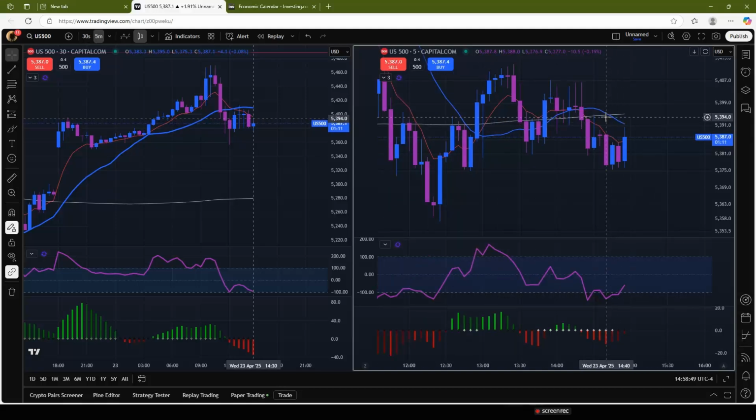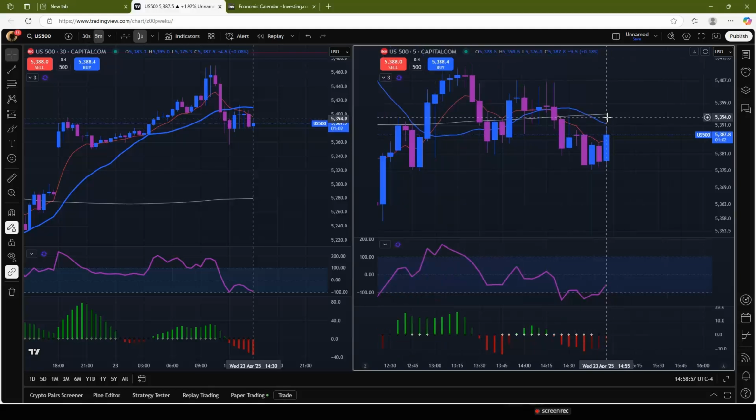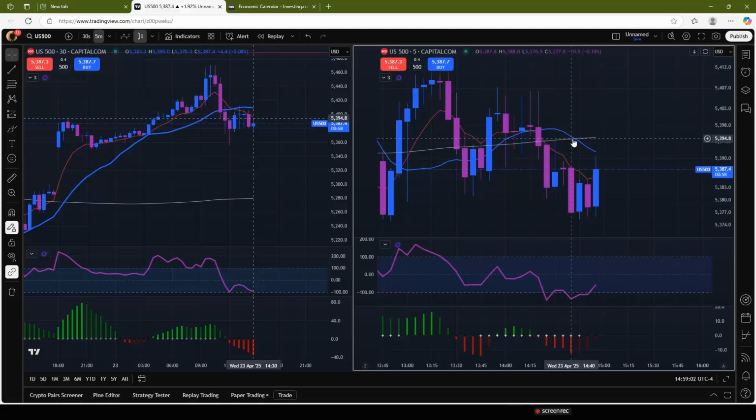As far as the sentiment is concerned, I'm convinced that we have some kind of selling pressure. Why? Because we're looking at the 20 period moving average, and as you can see, guys, it's pointed down at a 45-degree angle.